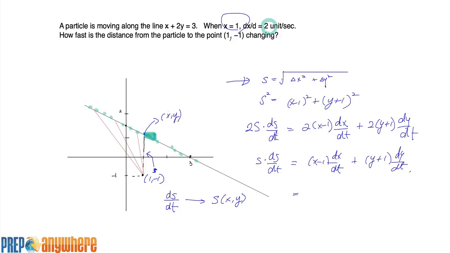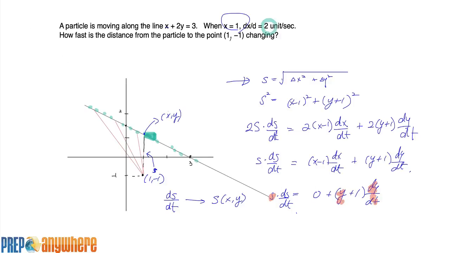So if x is 1, this term turns out to be 0. So we need the value of y, dy over dt, and the s value to find ds over dt.